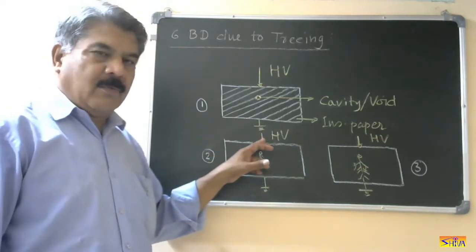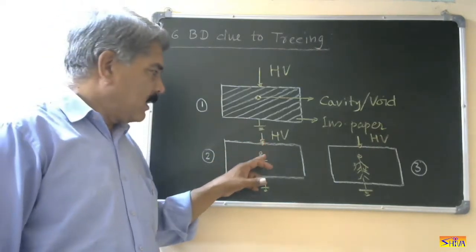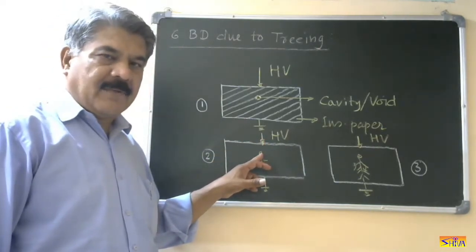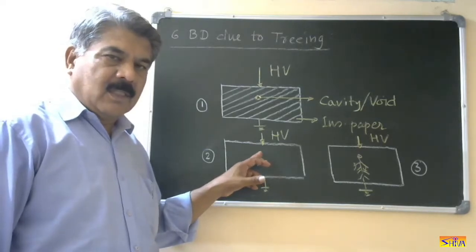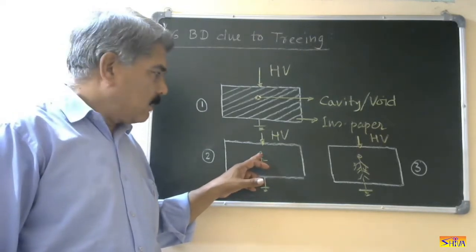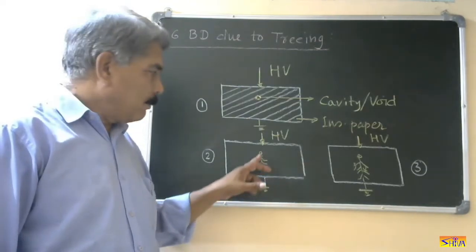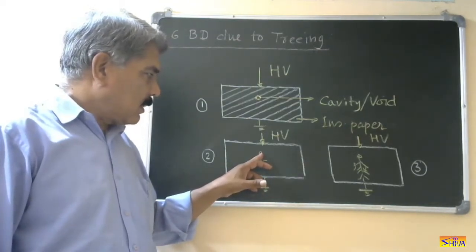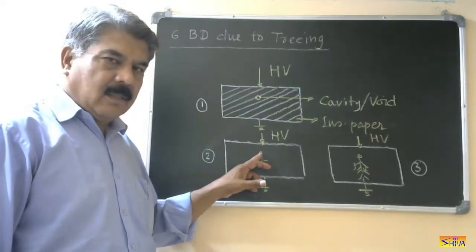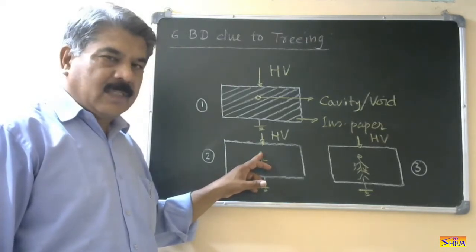Now when we apply voltage for a long time, then breakdown of this cavity takes place. This breakdown does not occur in between this cavity and the ground immediately, but occurs nearby, in the surface near to this cavity.